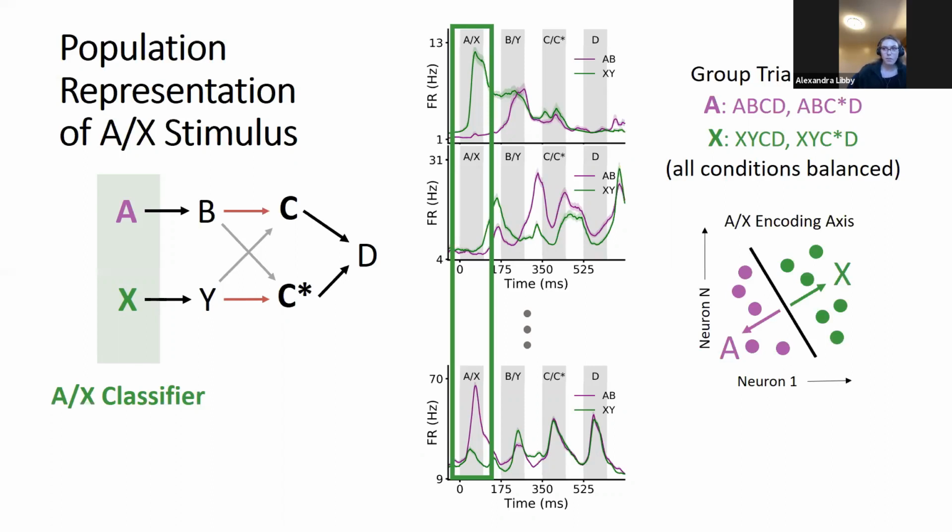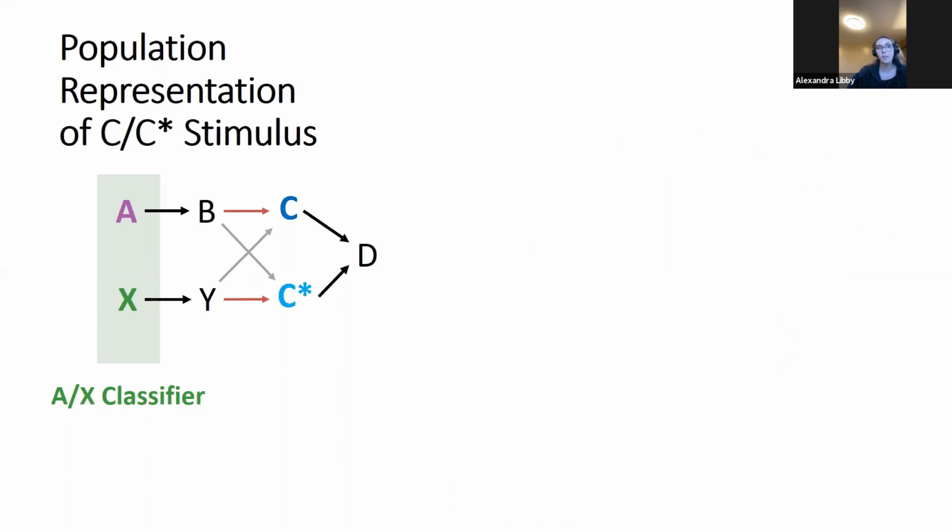What this allows us to do is take that ND response and project it onto an interpretable 1D encoding axis. So at any given moment in time, we can understand to what extent the population is encoding A versus X. Okay, so likewise, we can do the same thing for the C/C prime classifier.